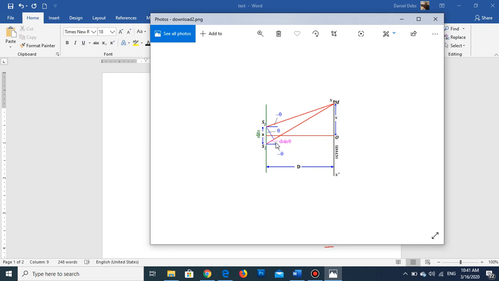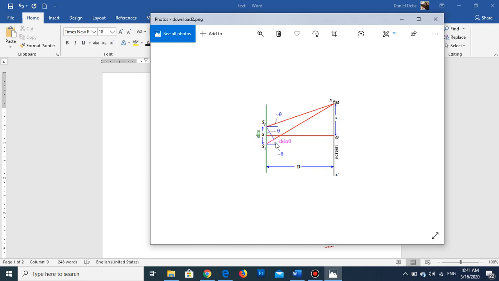And also I will assume that S is a point here, which is the main source. Then S gives a wave to S1 and to S2. So let me follow this one, S to S1 and then from S1 to M, and from S to S2, then from S2 to M. So the difference between these two paths decides the nature of M, if it is a maximum or a minimum, or any point between the maximum and the minimum.